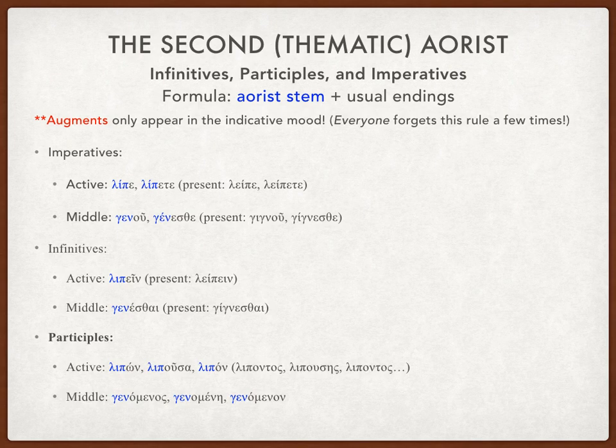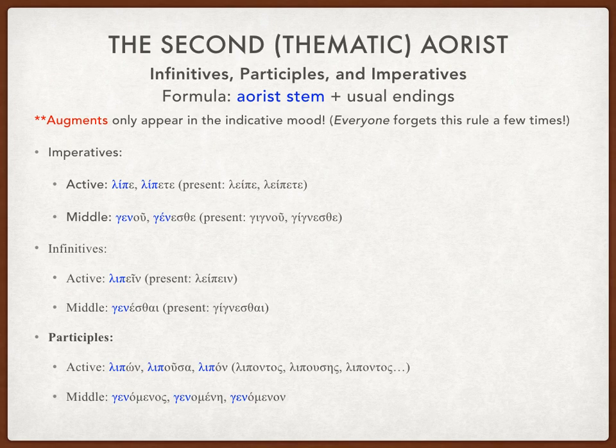The same thing is going to happen with participles. The participles are no different in the second aorist. The only thing I'm changing is the stem from the present form to the aorist. So rather than lepon, lepusa, lepon, I'm going to have lippon, lippusa, and lippon, and the genitives are all going to form like you've seen them before, lippontos or lippuses, lippontos.